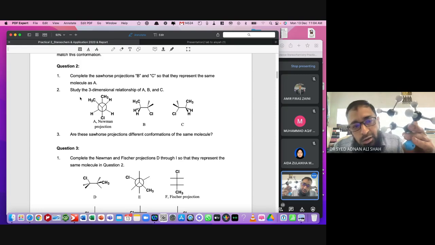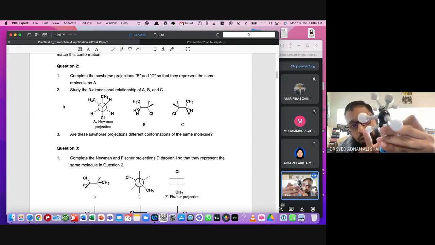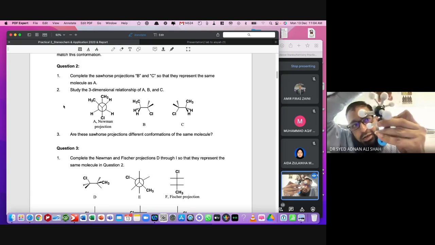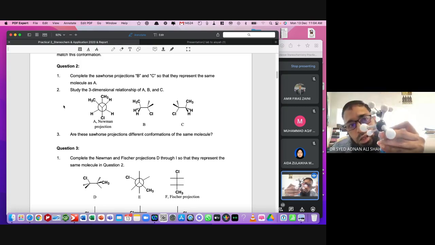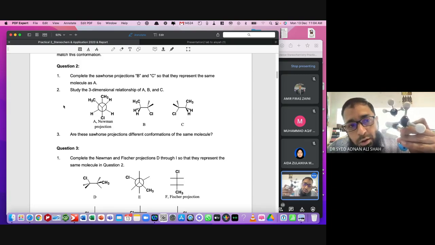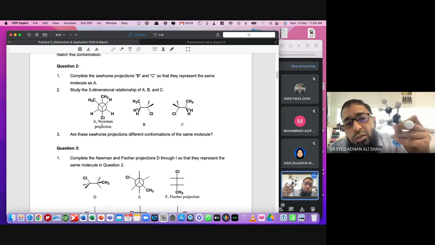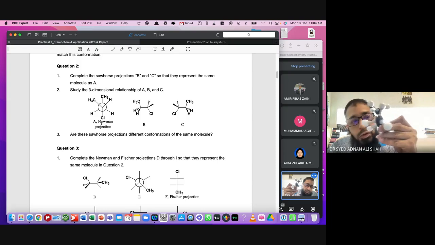Like this. So two hydrogens and the methyl at the top, like this. Understand? This is how you can make the 3D model of this Newman projection. Is it okay?